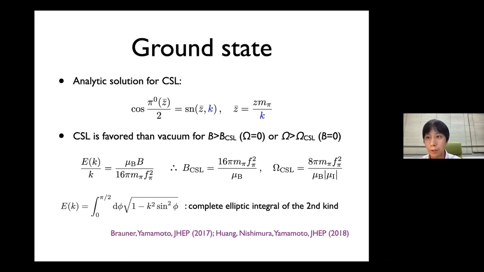In such a situation, the QCD vacuum would be unstable against the formation of this chiral lattice in an infinitesimally small magnetic field or infinitesimally big global rotation. But such a situation doesn't happen in our real world because of the finiteness of the quark mass. So the stability of the QCD vacuum is ensured by the finiteness of the quark mass.